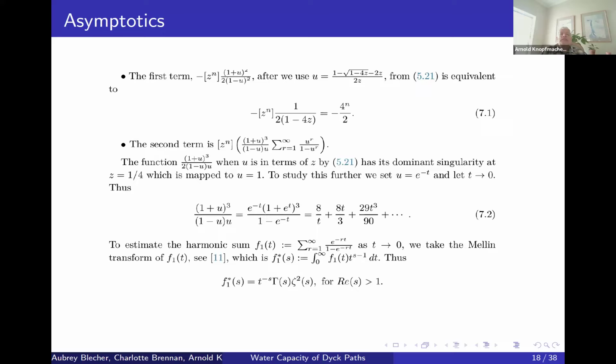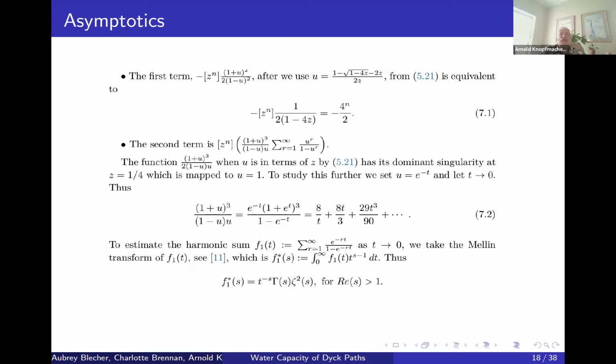And after doing that, we actually find things cancel nicely. In particular, the first term, which didn't involve a sigma, ends up just being a geometric series, 1 over 2 into 1 minus 4z, from which we can immediately say the coefficients of that are just 4 to the n over 2. So that was actually very easy.